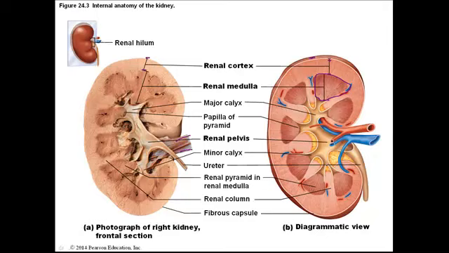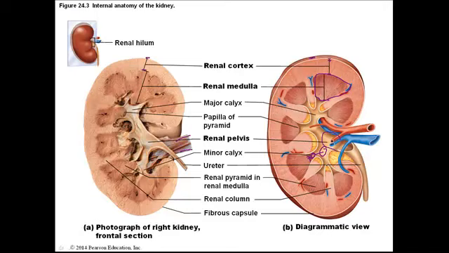The major calyx is, okay, this is the minor calyx here. It's the space. All of these contain tubules which will expel urine down here. This will fall into this space called the minor calyx. As it moves into this larger space, that's the major calyx.